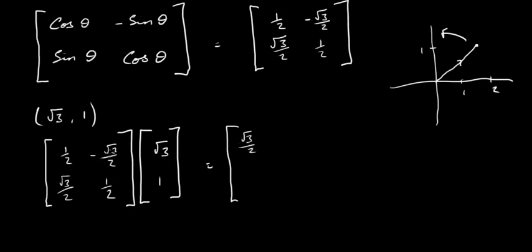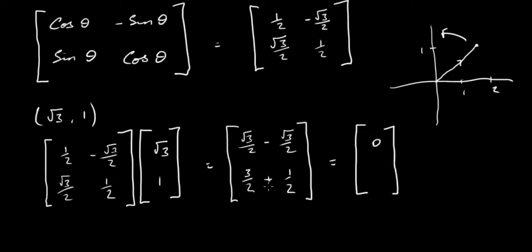Then we multiply the other entry by the 1, so it's minus root 3 over 2 times 1, which is minus root 3 over 2. Take this root 3 over 2, multiply it by root 3, that'll be 3 over 2, plus a half times 1, which is just a half. If we finish this off, root 3 over 2 minus root 3 over 2 is just 0, and 1.5 plus a half is just 2. So my final point is going to be 0, 2.